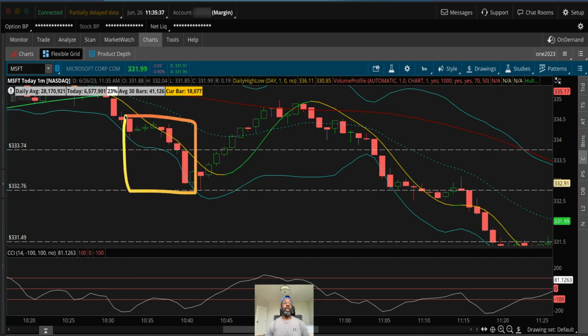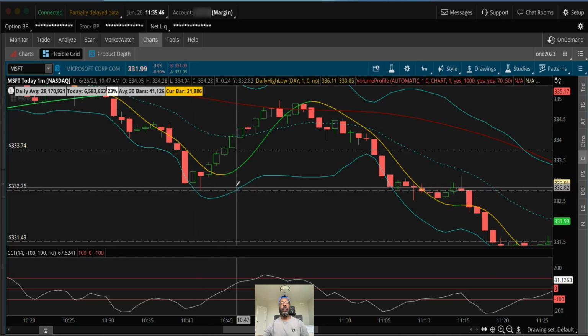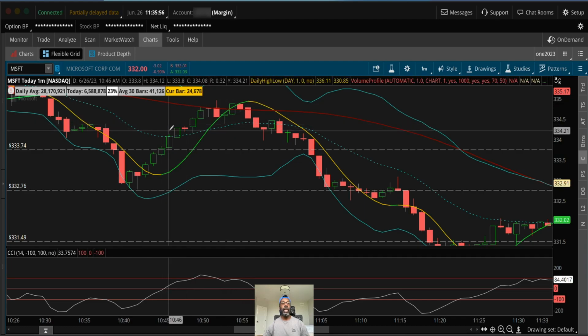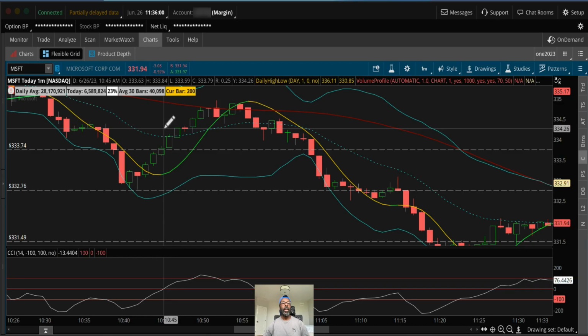I should have really taken the put position on the opposite side of the trade, but I didn't. I waited for it to bottom out, hit the low right there, and come back up and rip again. So right here at 10:45, this is when I decided to get back into the trade, and I decided to take a put right there.